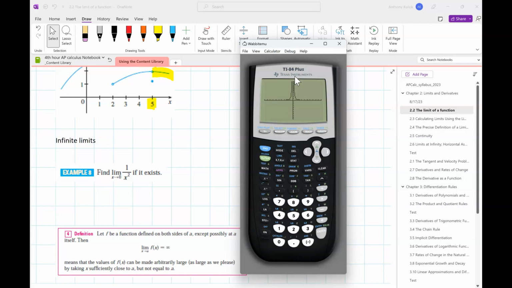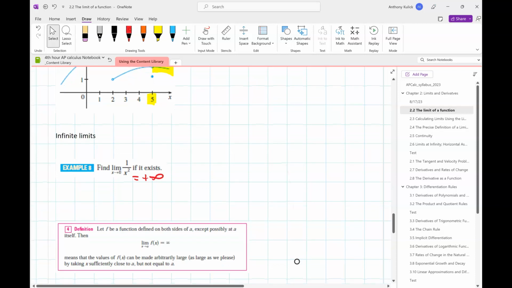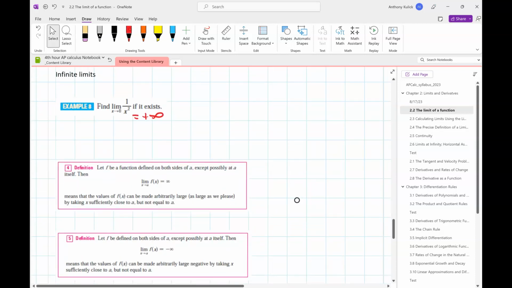So the limit there is positive infinity. That's fine. Our definition says if a function is defined on both sides of a, except possibly at a itself, like in that previous example where I had a vertical asymptote at x equals a, not defined there. That's fine though.